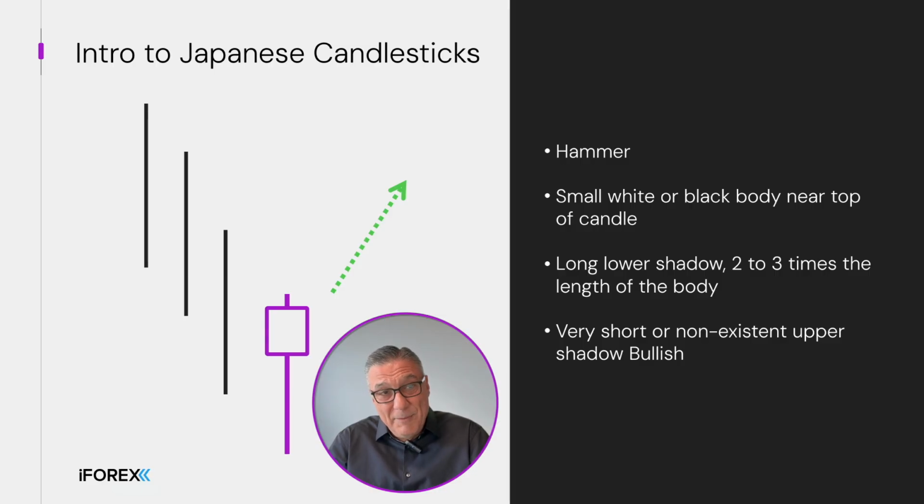For example, one tool to filter out the good from the bad hammers, let's put it this way, is the presence of a support area near the low price. Another filtering might be that your favorite oscillator, let's say the relative strength index, is in oversold territory, right?